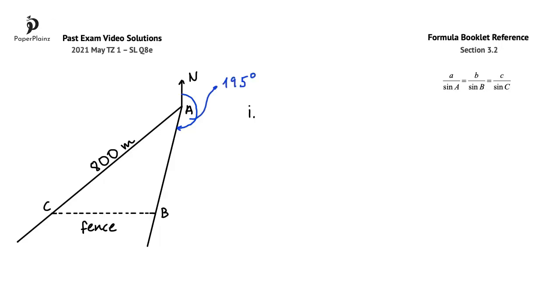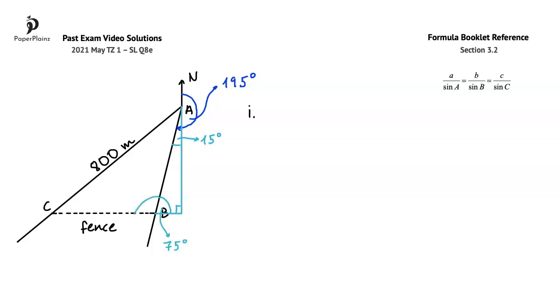To work further, let's draw the following triangle. In this triangle, we have a right angle here. The smaller angle at the top is 195 minus 180 degrees, so 15 degrees. And the third angle of the triangle is 180 minus 90 minus 15, so 75 degrees.